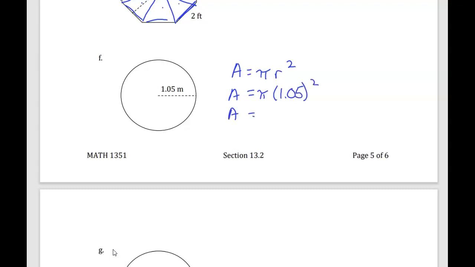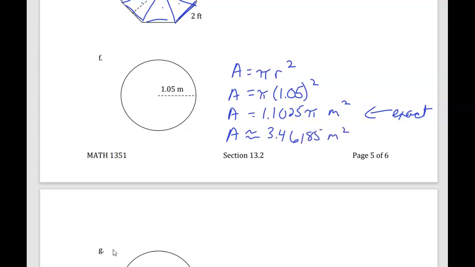When I square 1.05, I'm going to get 1.1025 times pi, and that's meters squared. So this is my exact answer. If I want an approximate answer, I could multiply that by 3.14, and I get 3.46185 meters squared.